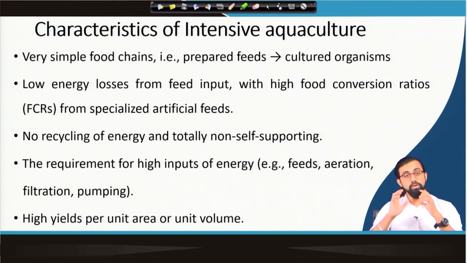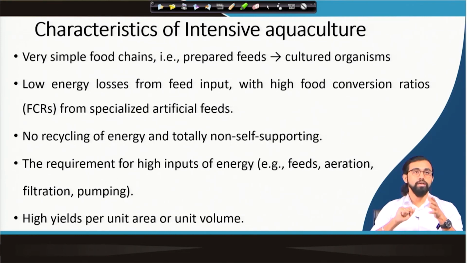Anyway, in this particular case, we are talking about the food conversion ratio of feed to the fish biomass, or to the culture species biomass. Because of these specialized artificial feeds, this ratio can be very high.